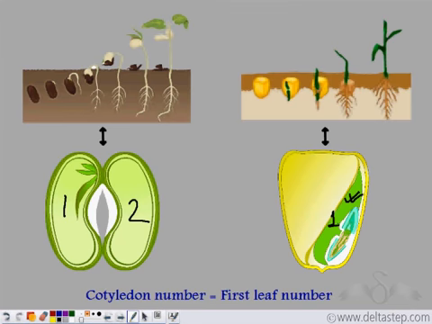So cotyledon number is the first leaf number. We saw that the bean plant had 2 leaves, which indicated the presence of 2 cotyledons, and the corn plant had 1 new leaf, which indicated that it has only 1 cotyledon.